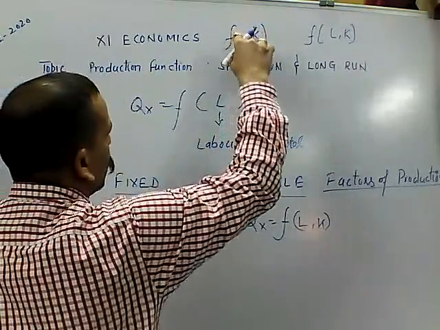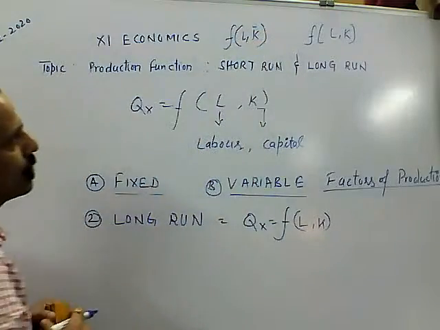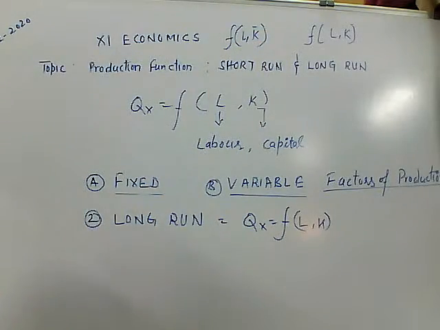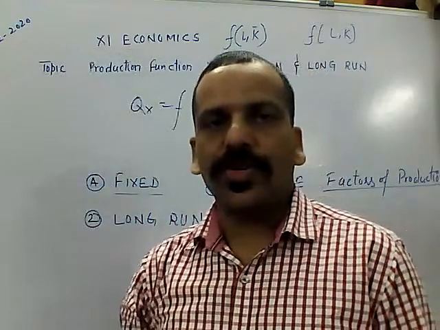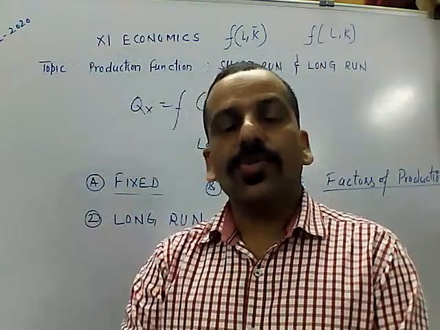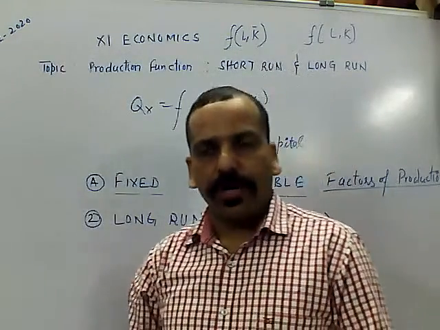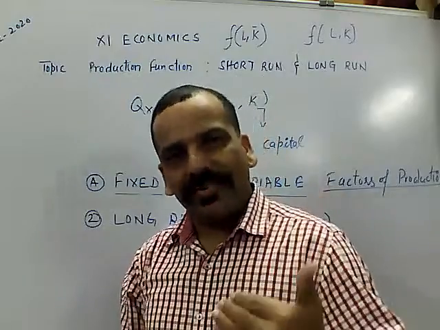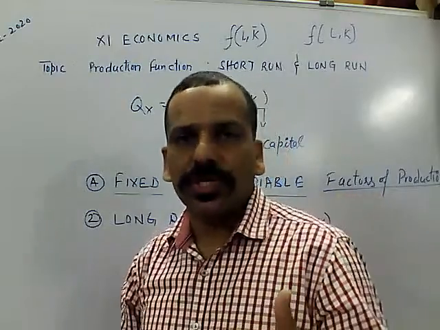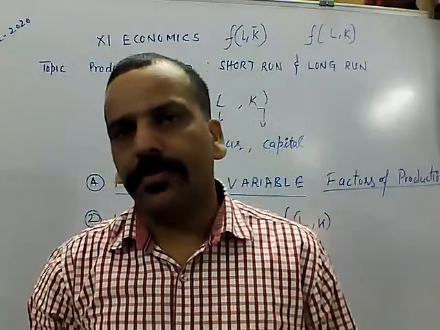So all the factors of production are variable in the long run. Say you want to purchase, because there is more demand for ice cream, so you can purchase a new machine also. After 6 months or 1 year, there will be enough time to purchase new machines, because machinery cannot be changed blindly.